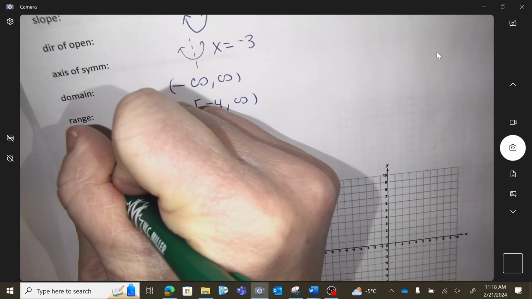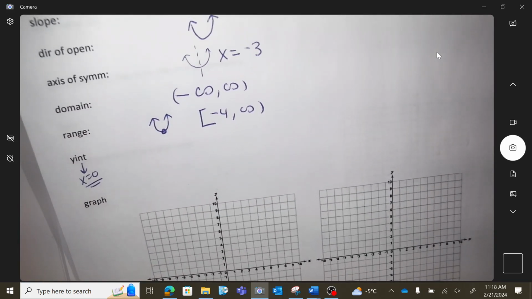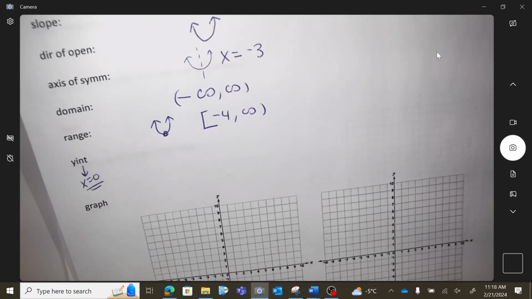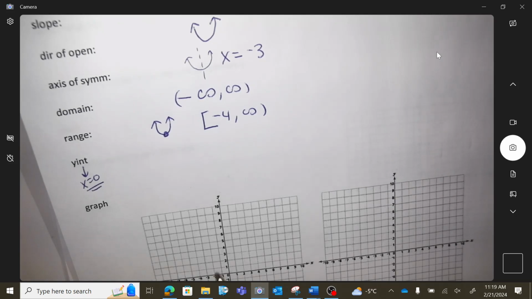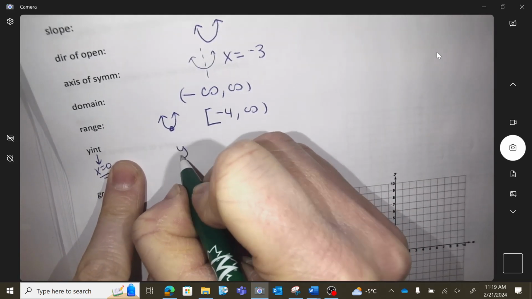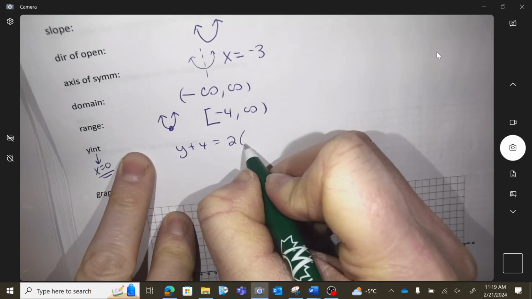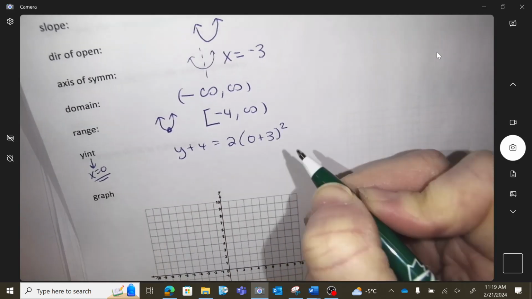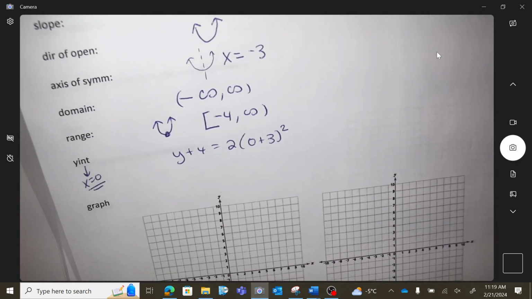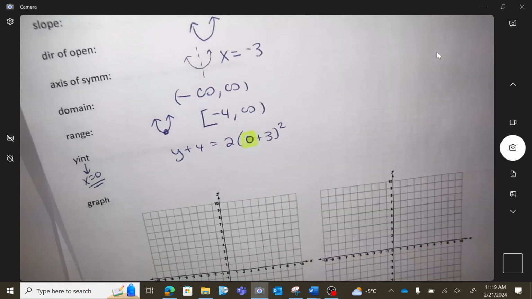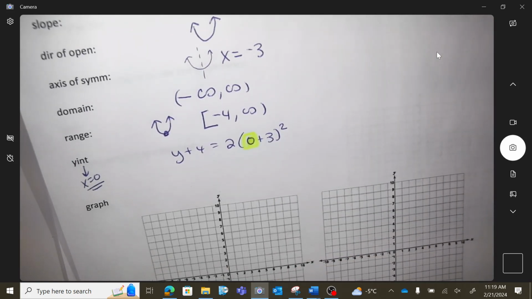So you should go, well, hey, that's where x is 0. So then I write my equation, but I'm putting 0 in the spot of x.